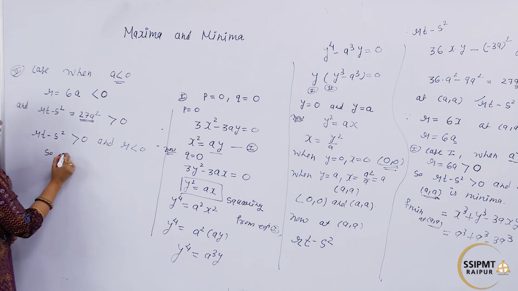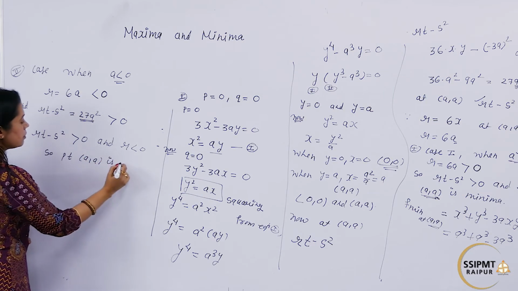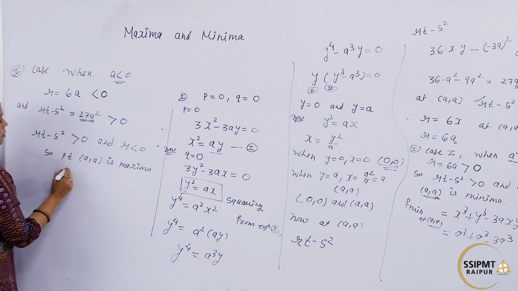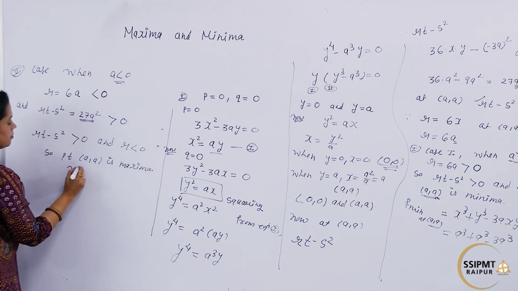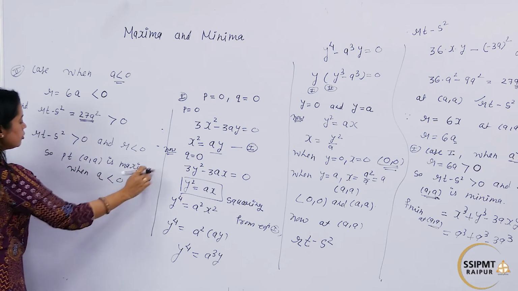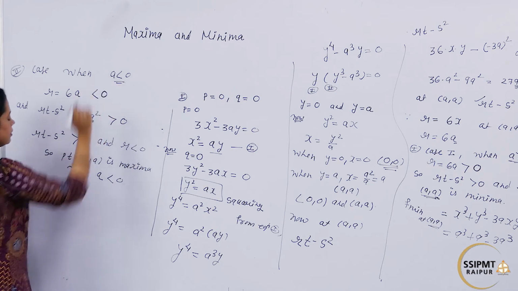So the point (a, a) is a maxima when a is less than 0. So we can find the maximum value whenever a is less than 0.